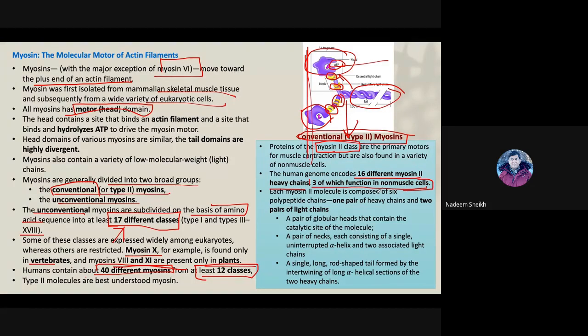Each myosin has six polypeptide chains making up the motor protein: one pair of heavy chains, as I mentioned a little while ago, and two pairs of light chains. The heavy chain has one head portion, then a tail portion, then a stalk portion, and the light chains are attached to the neck region.